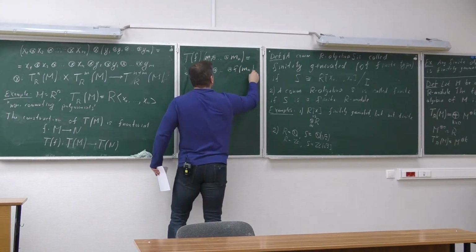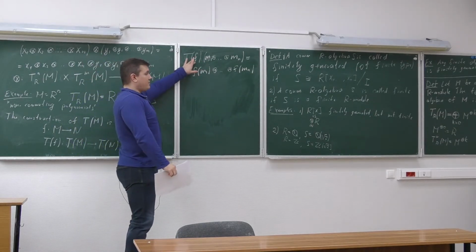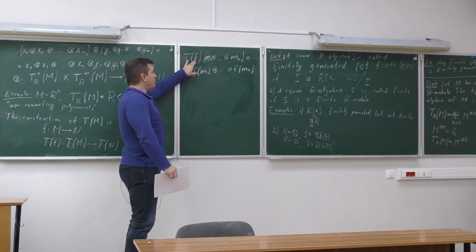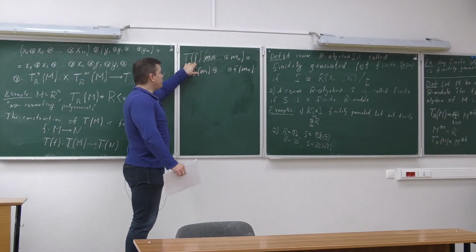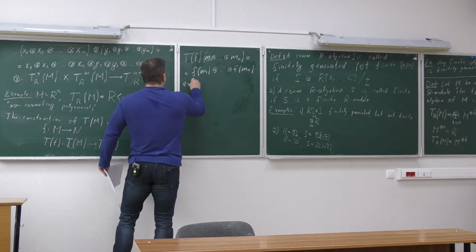But in this case, the maps are the same, and I just take n copies of the same map F. If you try to define the tensor product of n copies of the same map F, you get exactly this answer. And then extend by linearity.